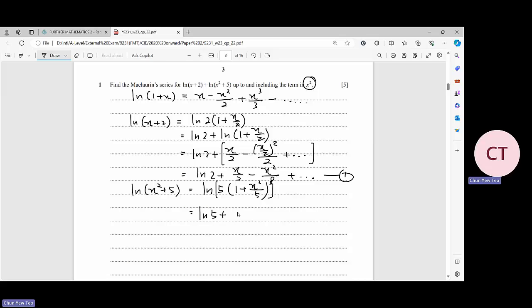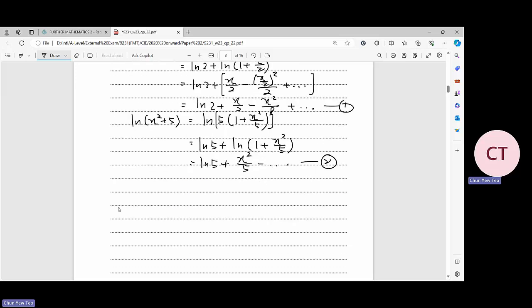Applying the law of logarithm, same thing like just now, we get this. Then this will be ln 5 + x²/5 − and so on. I call this the second equation. What I need to do now is to join the first equation and the second equation together.